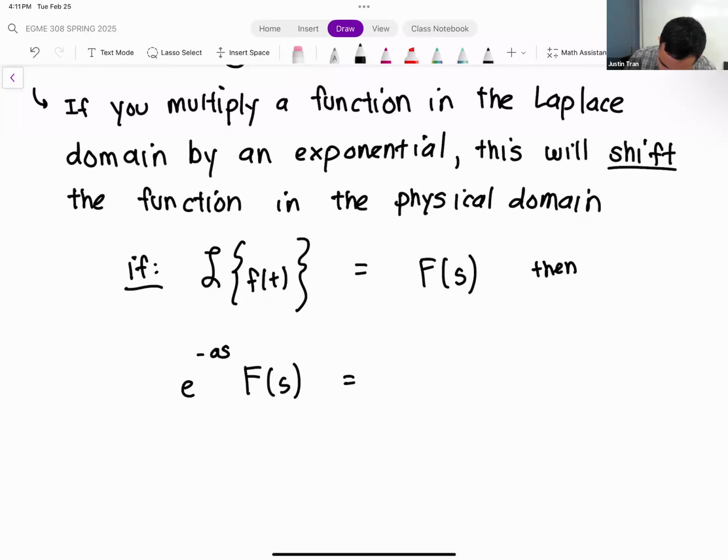This is the Laplace transform of f of t minus a multiplied by the step function u of t minus a.